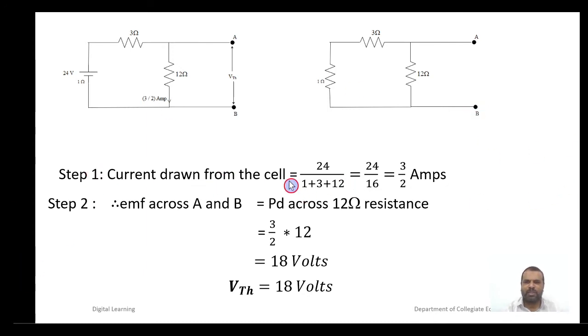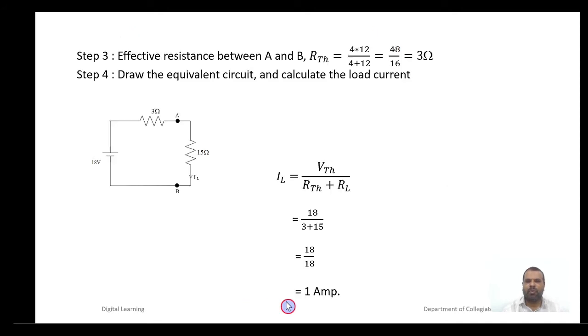Current drawn from the cell is equal to 24 divided by 1 plus 3 plus 12, that is 24 divided by 16, that is 3 by 2 amperes. Step 2. EMF across A and B is equal to the potential difference across the 12 ohm resistance, that is 3 by 2 into 12, that is 18 volts. Therefore, VTH is equal to 18 volts.